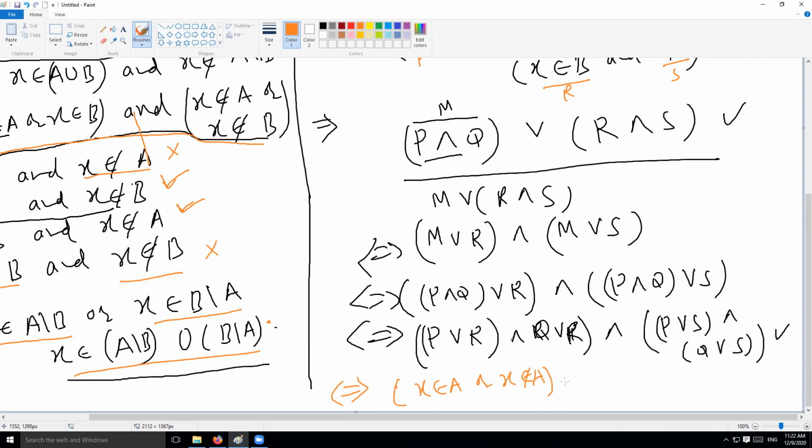Sir, here R is X belongs to B. X belongs to B should be there, sir. Okay, X belongs to B, let's do that. So keep telling me. Okay, so in other words, just substitute the values and see what you get.